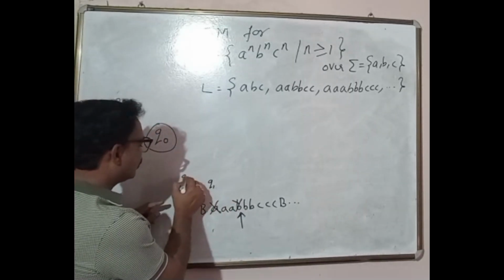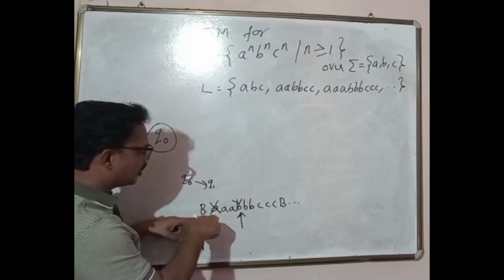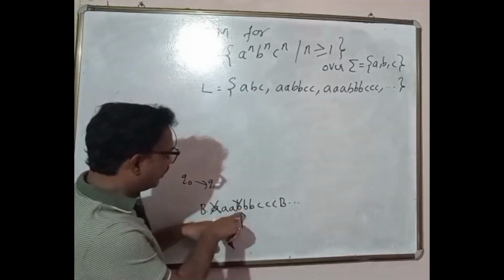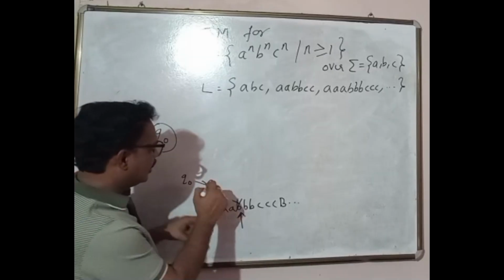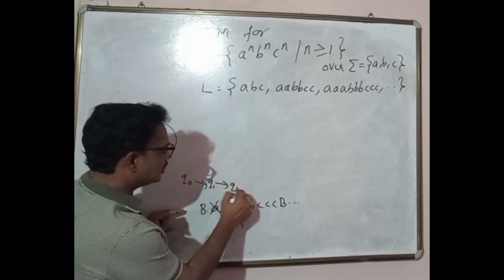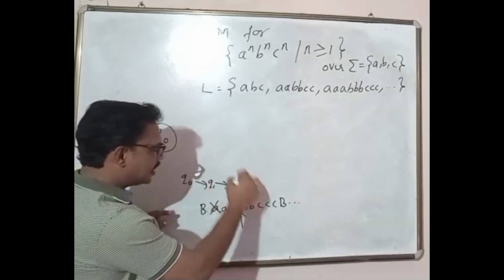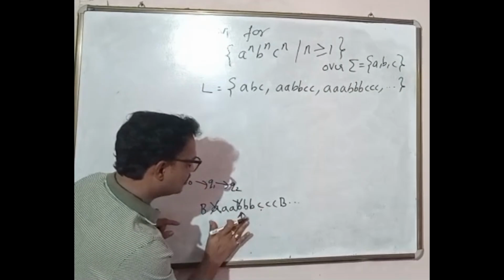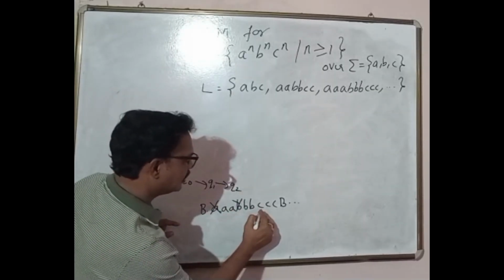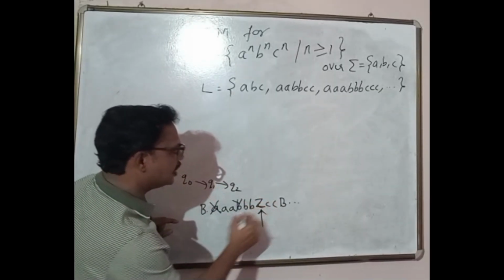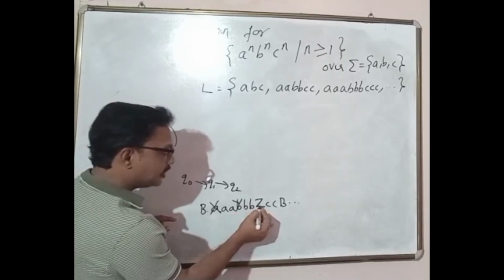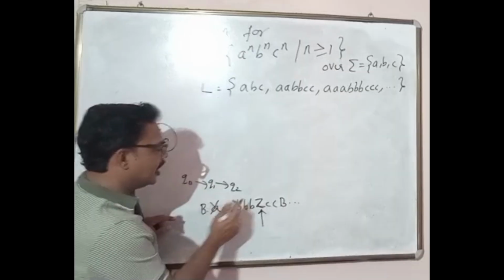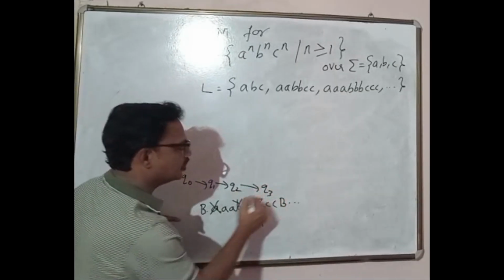Initially it is in state Q0, then it comes to Q1 because it has now dealt with A. Whenever it comes across B, it moves to another state, Q2, and it stays in Q2 until it comes across C. When it comes across C, it replaces it by Z, and this time it doesn't move right, it moves left, and it will be in state Q3.